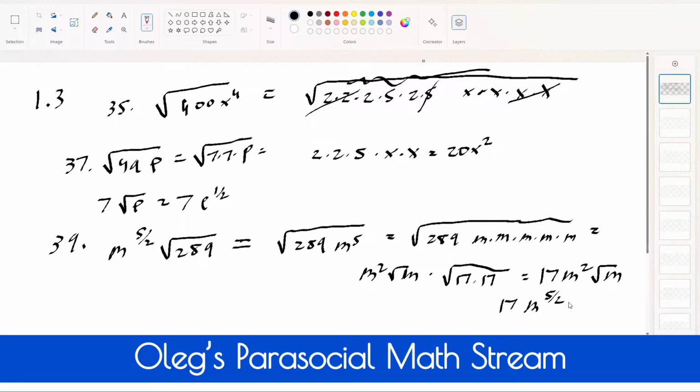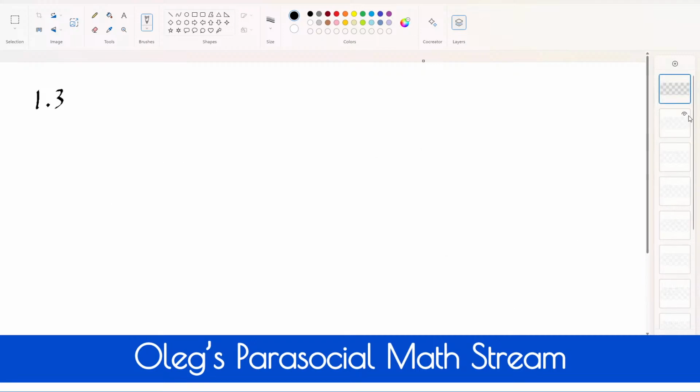Yep. So yeah, there it is. Okay, good. So they're both the same numbers, but 17 with m to the 5/2 is just not simplified. So not completely simplified, in other words, because the 289 part is. All right.